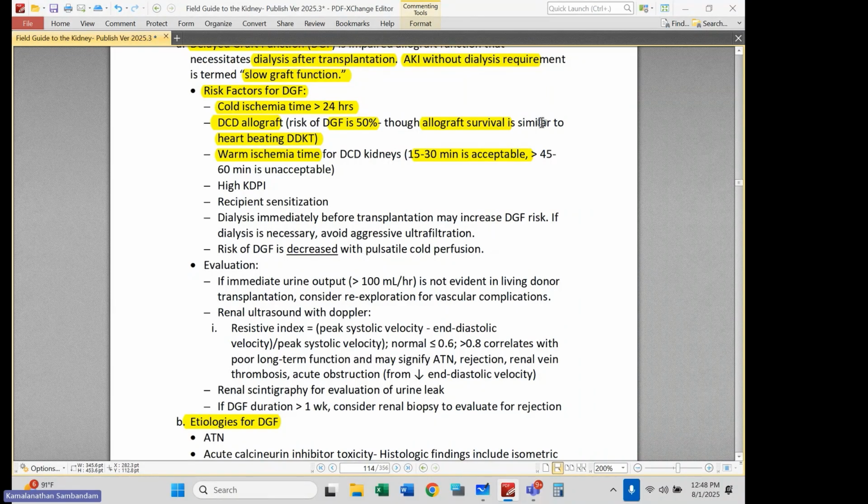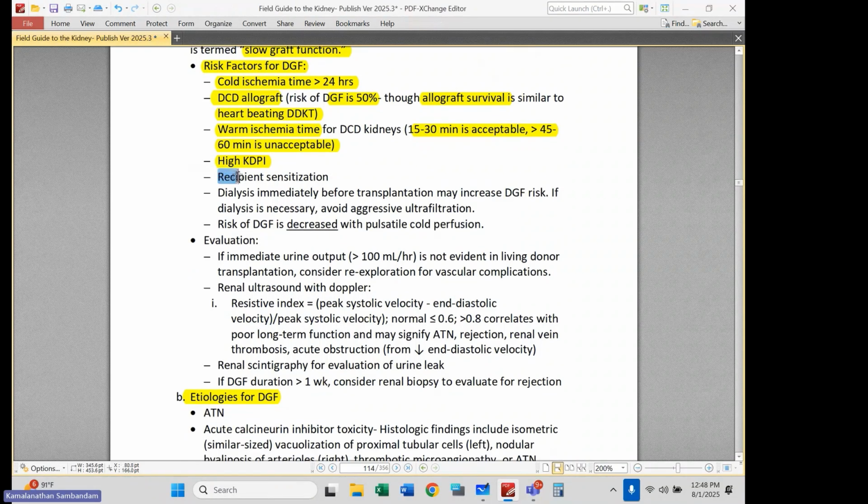But once you start getting into the 45-minute to hour range, that's really pretty problematic. Warm ischemia time refers to the time from when you've cross-clamped until you flush the kidney with cold preservative solution. That's your warm ischemia time. High KDPI would be a risk factor for DGF, not unsurprisingly. A sensitized recipient, right, because they can develop an early rejection.